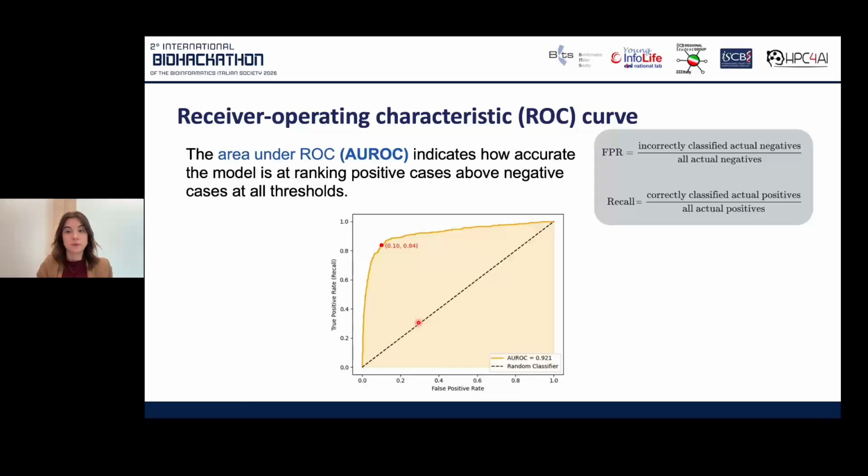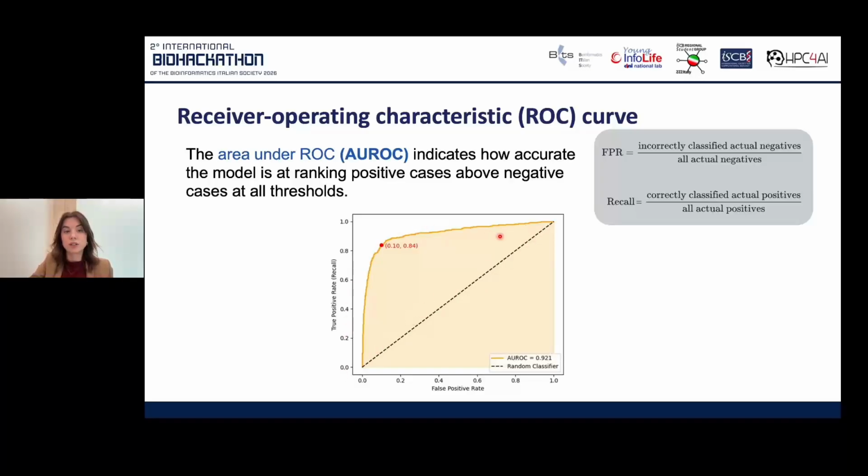So in other words, it is measuring how good the model is at catching true positives without having too many false positives. The x-axis is the false positive rate, while the y-axis is the recall, so the true positive rate. The diagonal line is the random classifier.